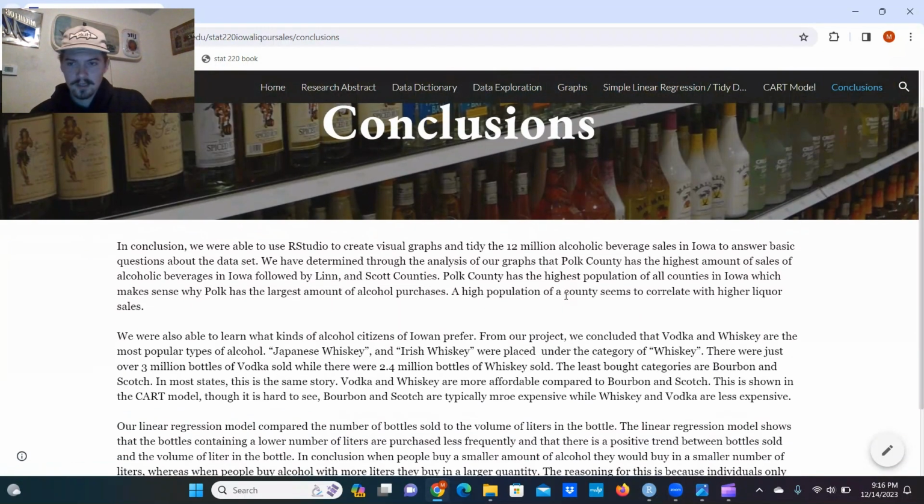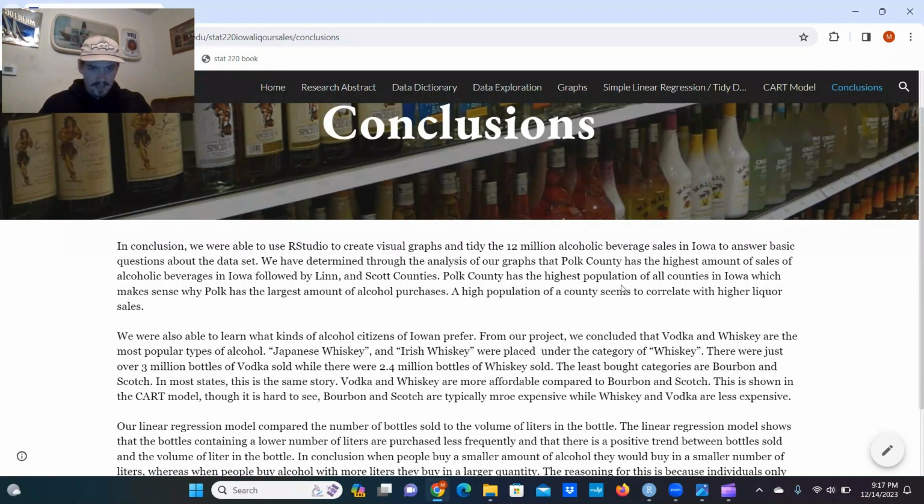In conclusion, we were able to use our studio to create visual graphs and tidy the 12 million alcoholic beverage sales in Iowa to answer basic questions about the data set. We have determined through our analysis that Polk County has the highest amount of alcoholic beverage sales in Iowa, followed by Linn and Scott counties.